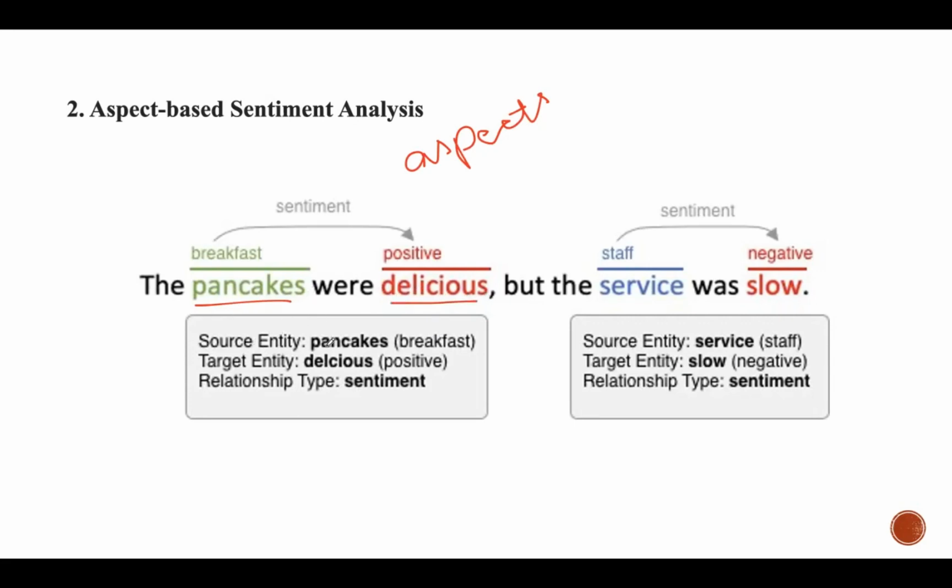So the source entity is pancake, and the target entity is delicious. If you take the relationship type, we need to find out the sentiment. The sentiment between these two words is obviously a positive sentiment. And if you take the second part of the sentence, the source entity or aspect expression is service, and the target entity is slow. The relationship between these two is again a sentiment, and it is a negative sentiment.